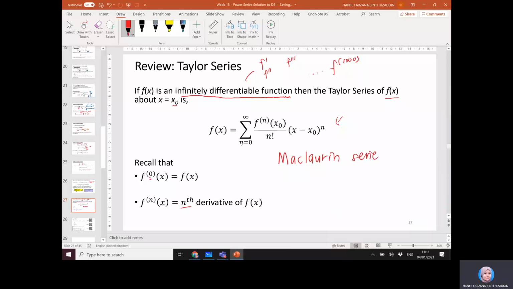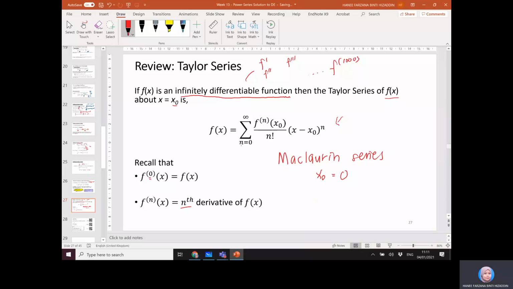Okay, so it's like Taylor series, but in Maclaurin series, the value of x naught is equal to 0. So in general, given this power series solution, this is a Taylor series, but when x naught equals 0, then it is actually a Maclaurin series, although it's not wrong to say that it is also a Taylor series at x naught equals 0.